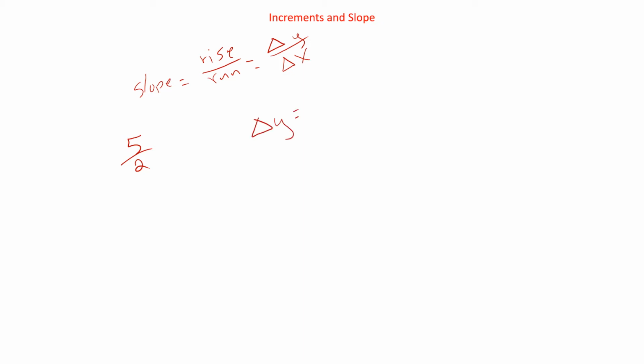The change in y is just y2 minus y1. The change in x is just x2 minus x1. And that gives you the slope formula. So that's what increments are. Again, it's not a new topic, it's just a new vocab word to describe something we've already been doing.